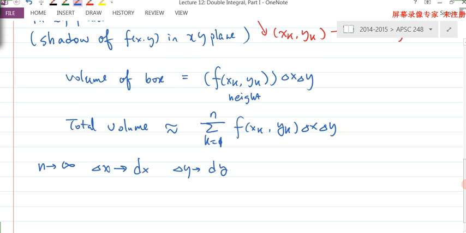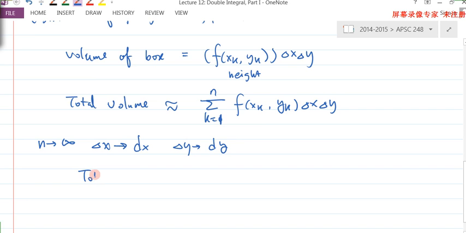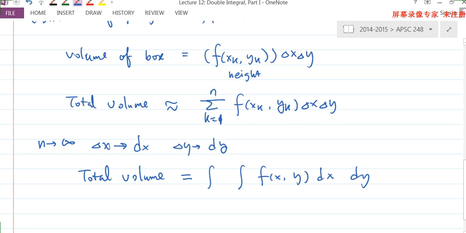So the total volume that the problem is looking for is equal to two integrals, because there are two variables here. And what are we integrating? We're integrating the function f of x, with dx and dy. So that's basically where the double integral comes from.